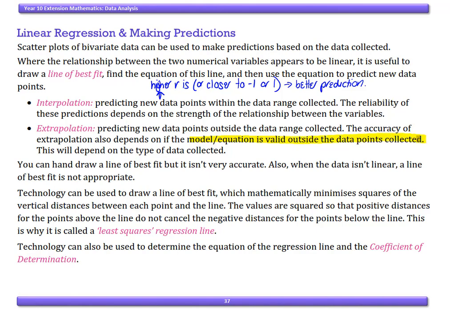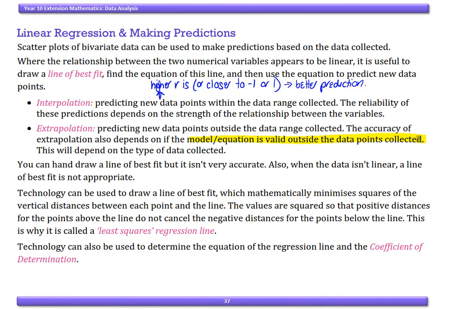So if I said that height was linear and we grew so much for each year, then that would work for a 6-year-old. It would be quite accurate. But you would then go, well, what if I wanted to use that model to predict the height of a 90-year-old or a 40-year-old? We all know that we stop growing at a certain age. We also know that we start shrinking at a certain age.